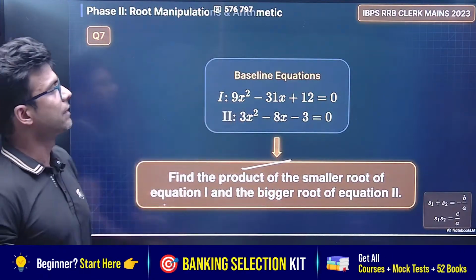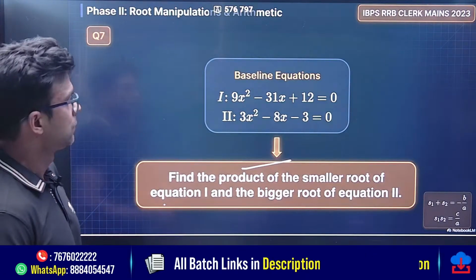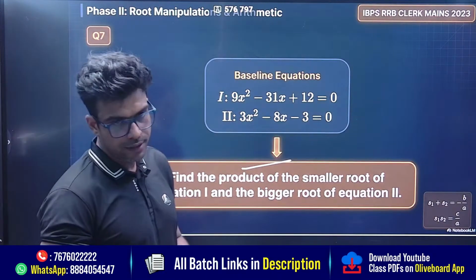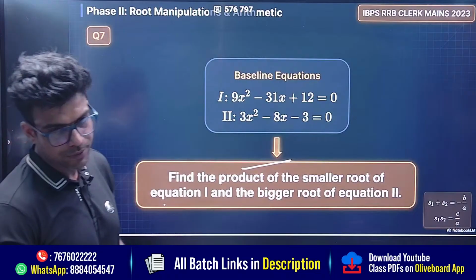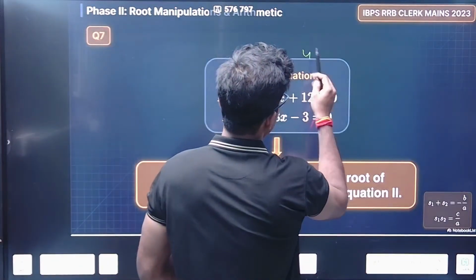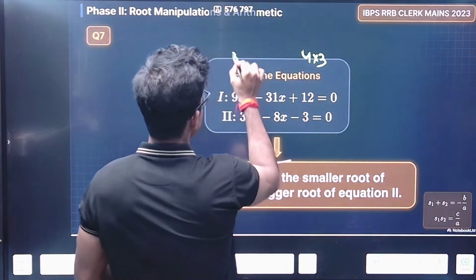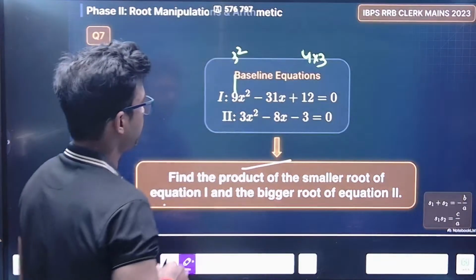9x square minus 13x plus 12. Okay. 12 nines is 108. So can I break this number like 4 into 3? And this is 3 square. First of all, 9.